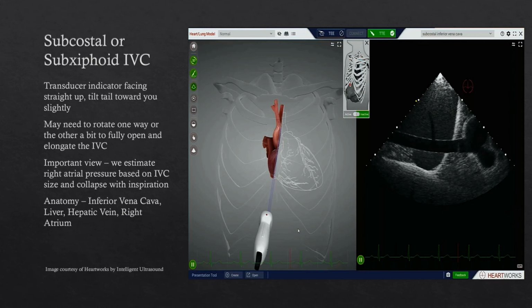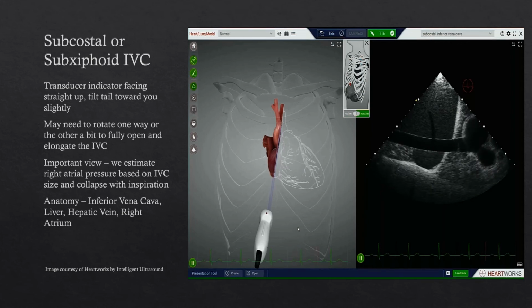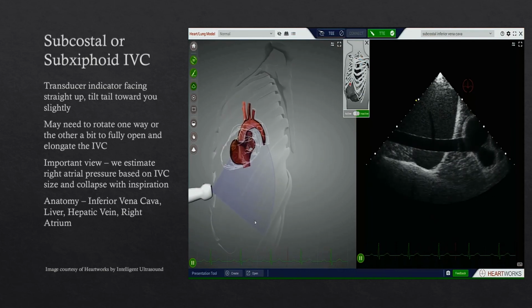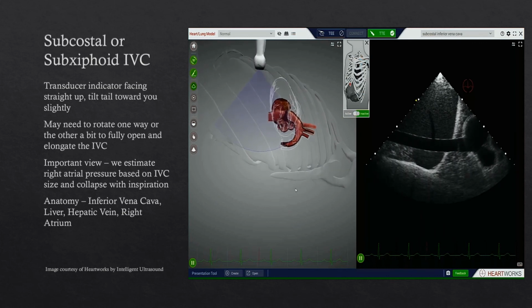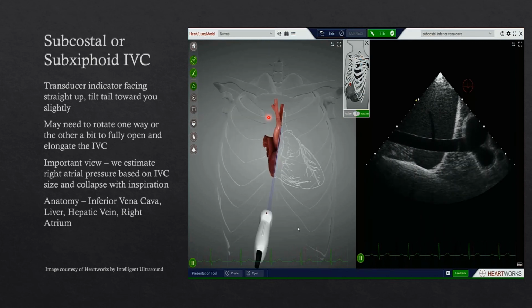If it doesn't collapse, that gives us an indication that right atrial pressure is elevated. And so we have numbers that we can associate with that. So it's a very important view for us. And there we go. You can see here's the IVC right in that area there.